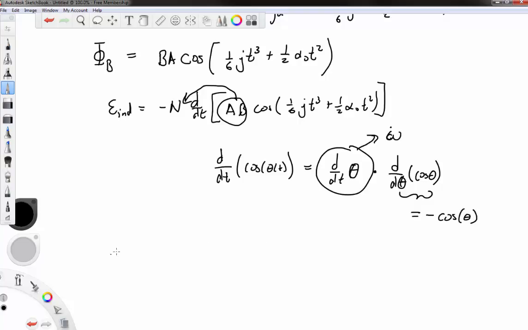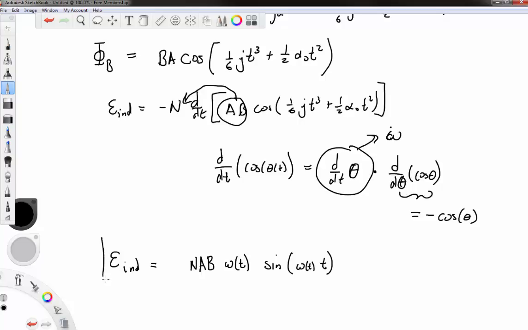So collectively what we should have is that the induced EMF is basically negative N times A times B times negative sine theta, so actually this negative ends up getting dropped, times omega of t times the sine of theta of t.